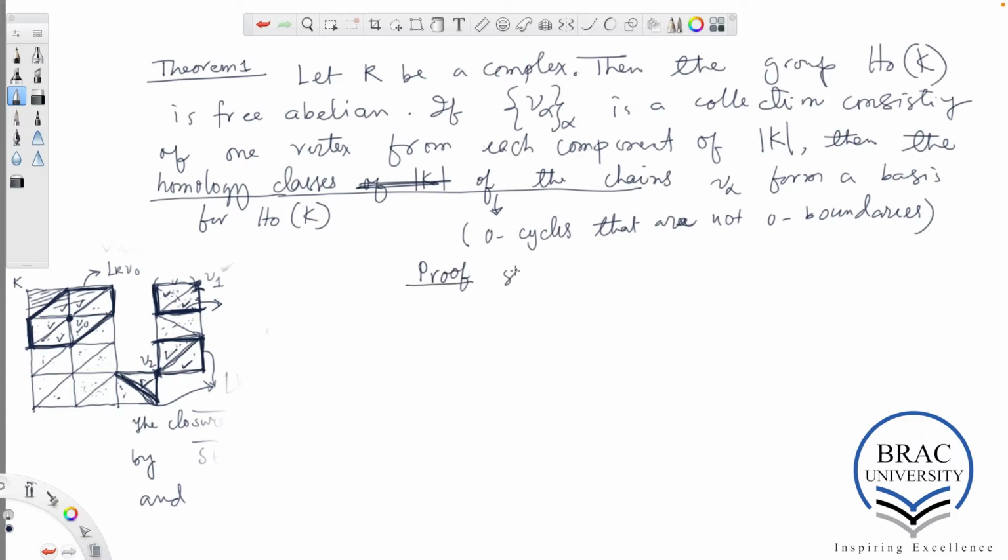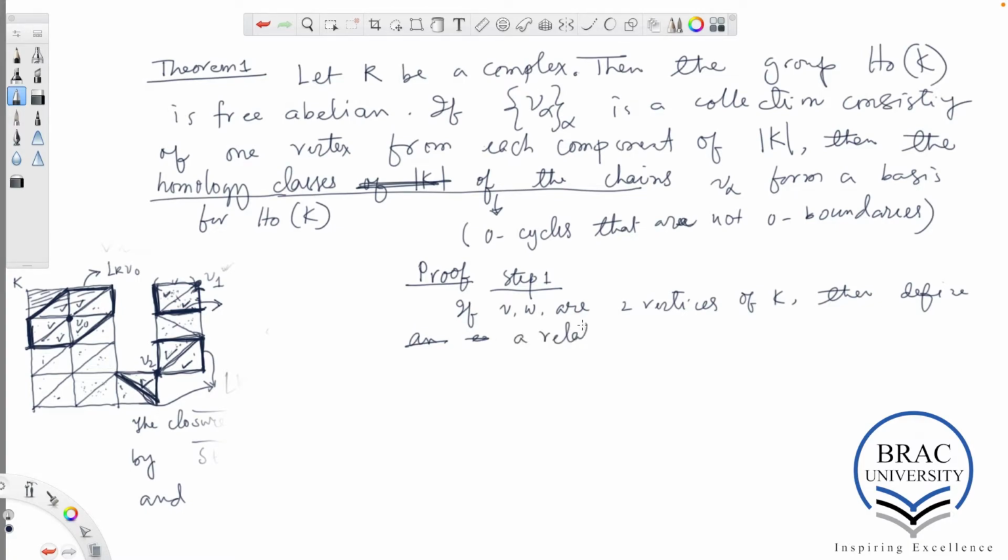Step 1: if V and W are two vertices of K, first define a relation. You need to check later that it's an equivalence relation.